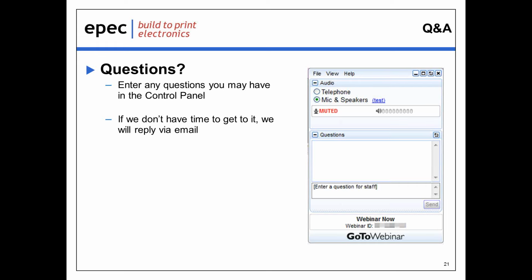Second question, does EPIC have in-house ESS test capability? And I think we did see in the slides there that we do have in-house ESS capability. We do have several test chambers here in the facility, and we do have room to expand that ESS test capability if we need to in the future.